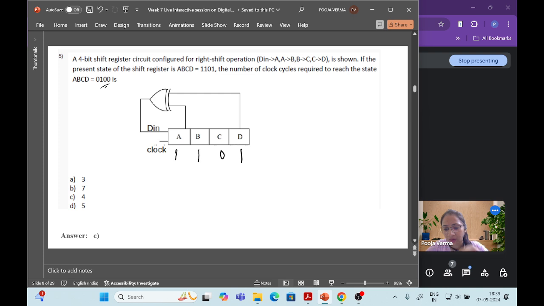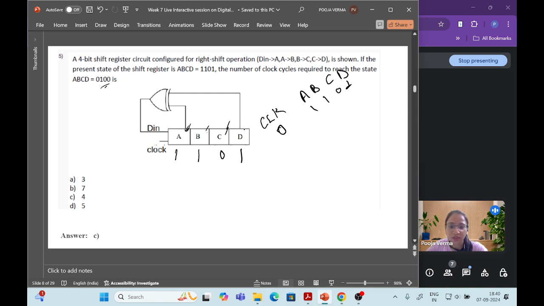Okay, so let's see how many clock pulses will be required. So A, B, C, D. Okay, so at 0, at this stage the 1 1 0 1 is already stored in the shift register. A, B, C, D are the registers, or you can say the flip-flops.